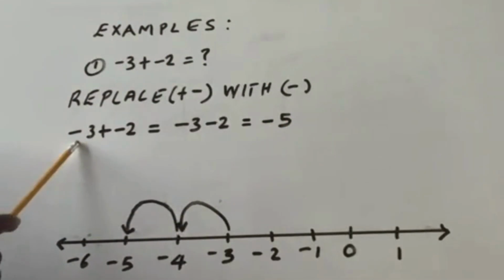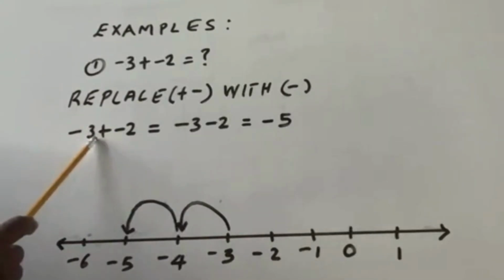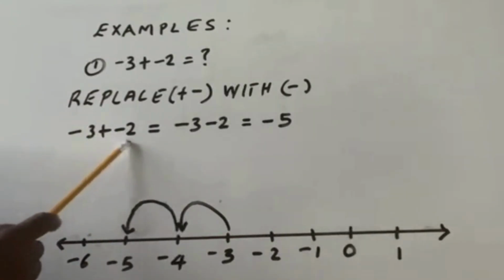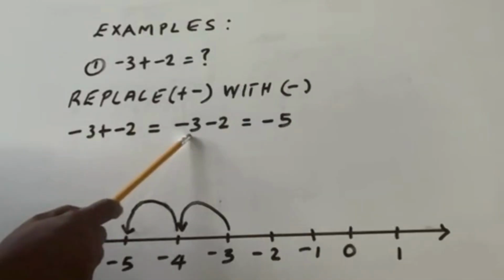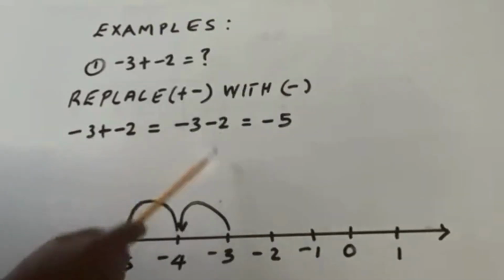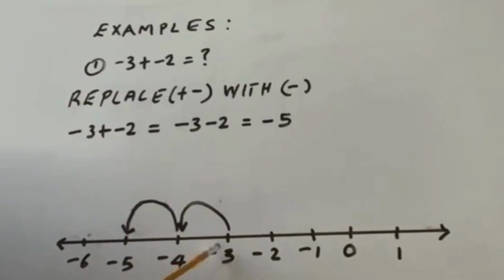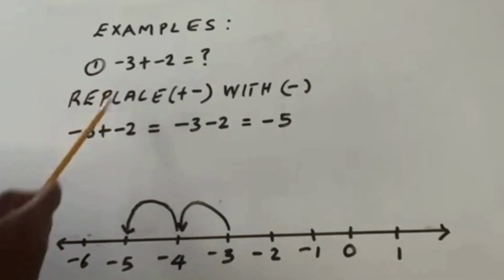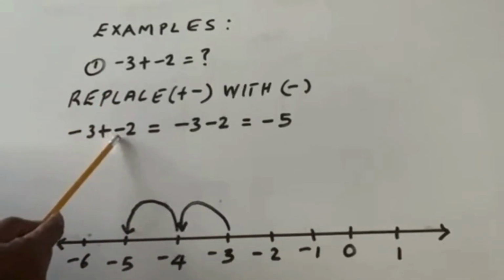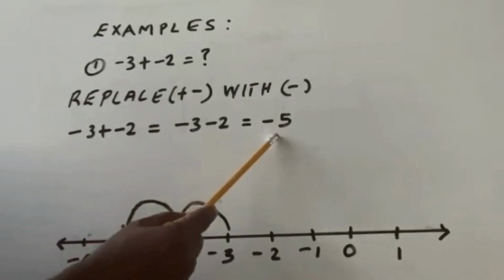So therefore, negative 3 plus negative 2 can be rewritten as negative 3 minus 2. And then we simply go to our number line, start at negative 3, move 2 places to the left, we end up at negative 5. And therefore, negative 3 plus minus 2 is equal to negative 5.